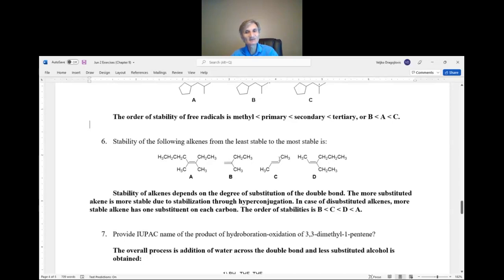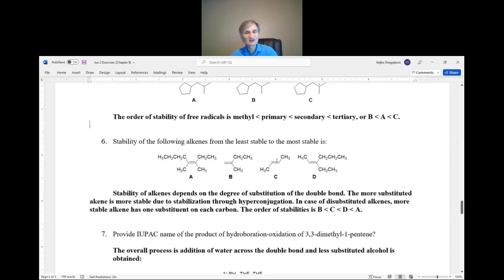So for that reason, C is more stable than B. So you need to memorize that when there are two substituents on the double bond, then if those substituents are on different carbons, that's more stable than if they were on one carbon. So stability is B, C, D, A.